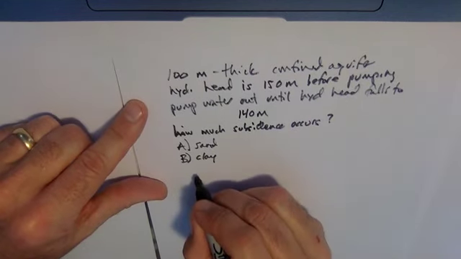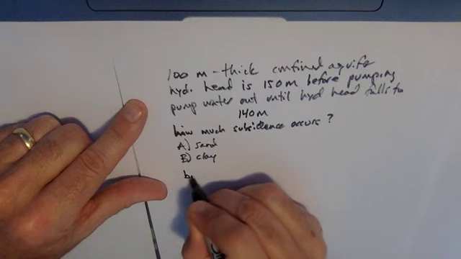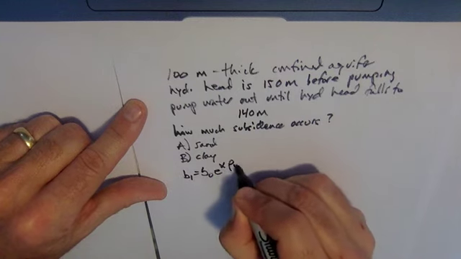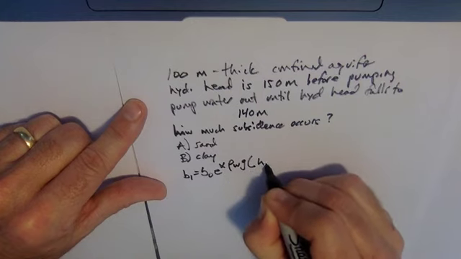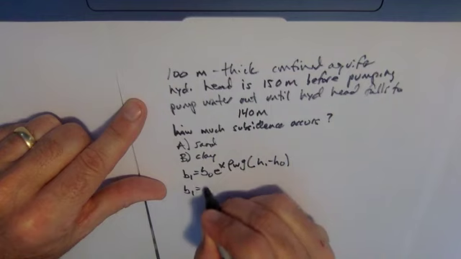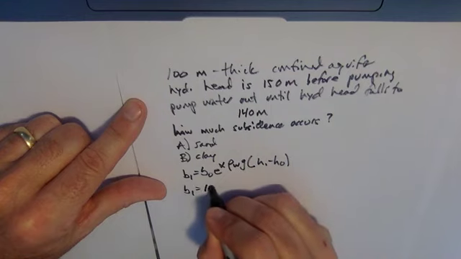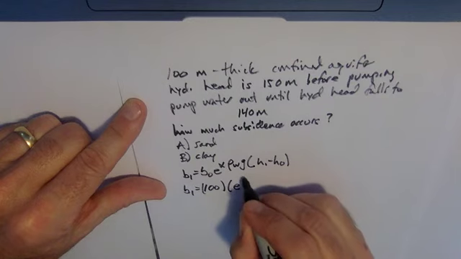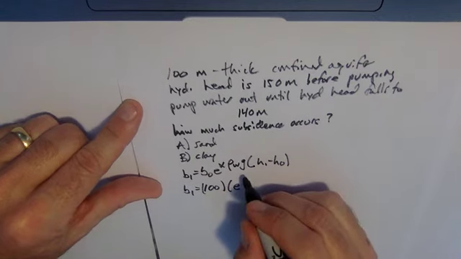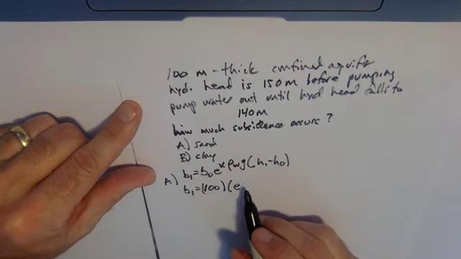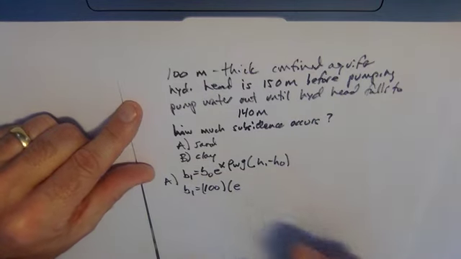So let's see, what's the equation? The new thickness, B1, equals B naught e to the alpha times the density of water, times gravity, times H1 minus H naught. So B1 equals B naught, which is 100 meters, times e to the, and for sand, case A, what did we say the alpha is for sand?